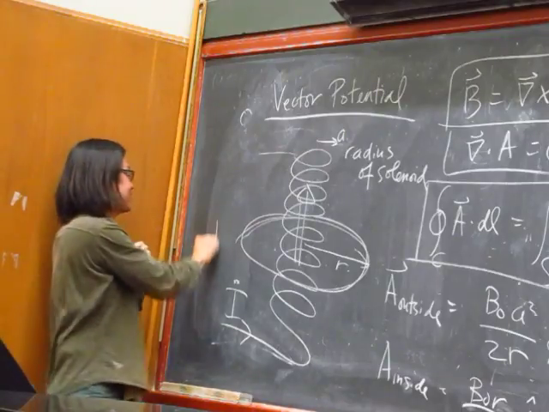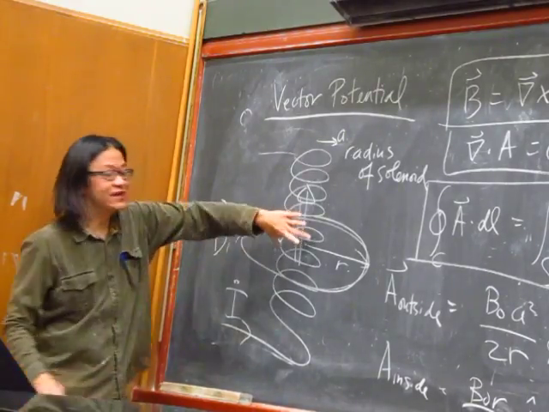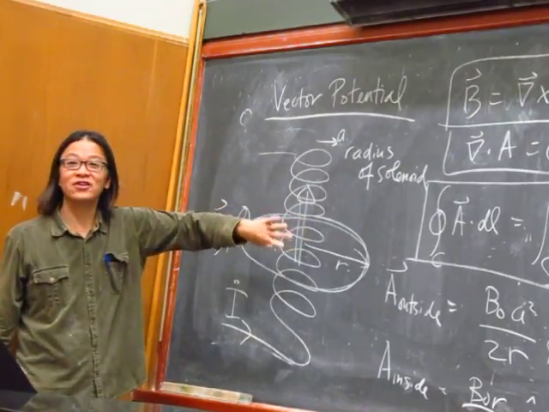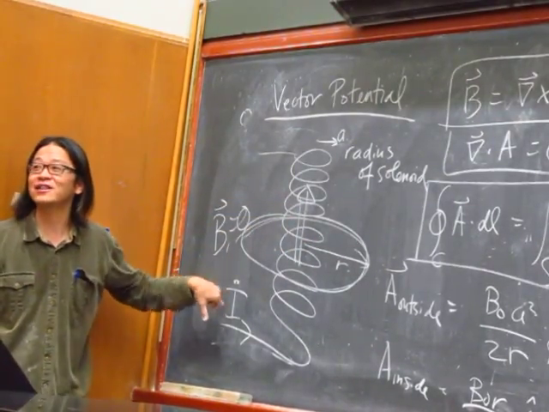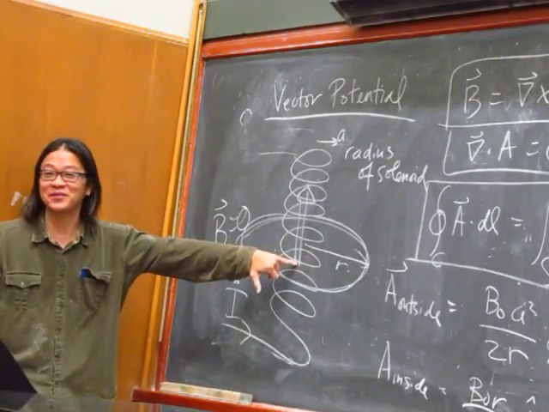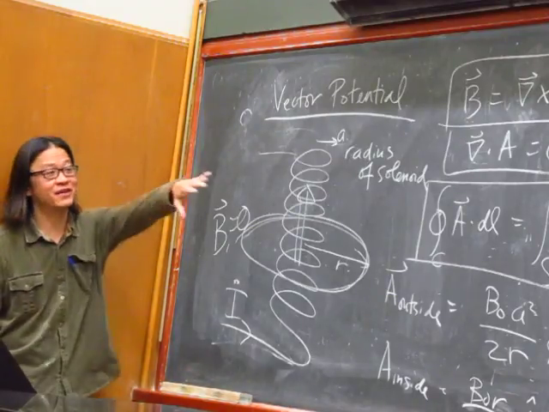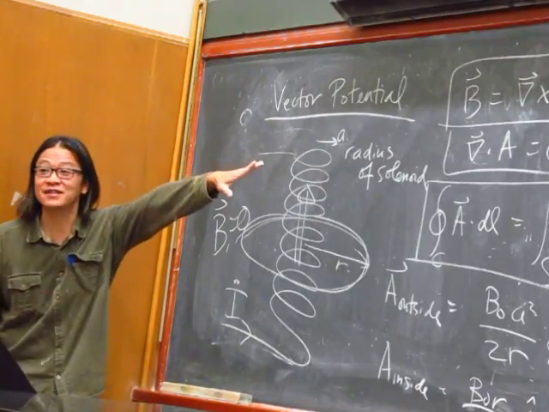Because the B field outside is zero. The B field is confined to the solenoid, so there is no interaction between the solenoid and the loop. How can the loop know that there is a changing B field? So there is something non-local about the magnetic field because the vector potential is non-local.